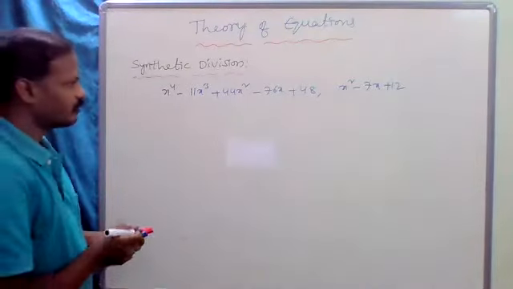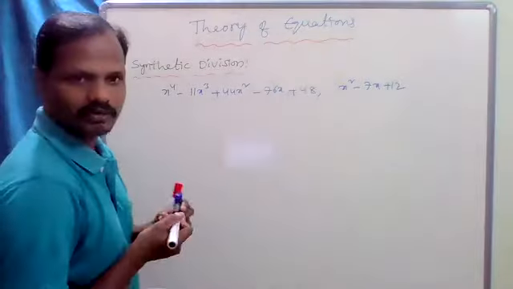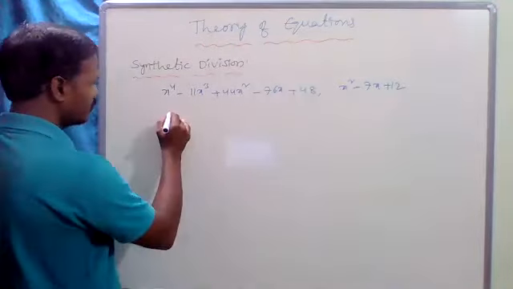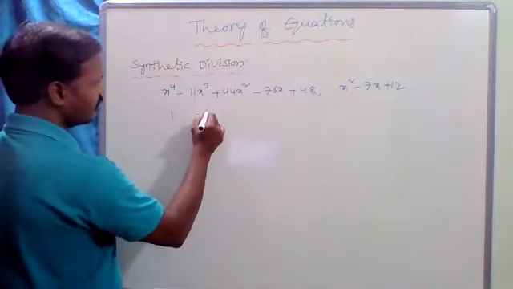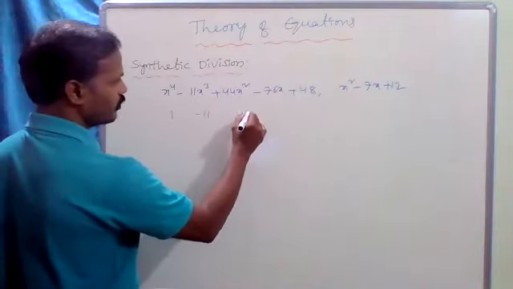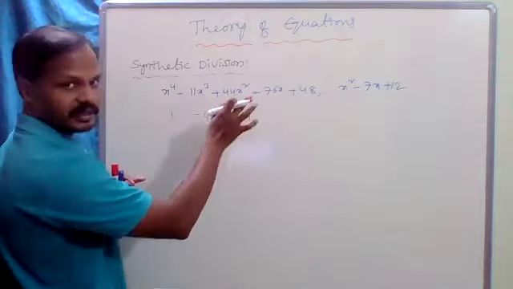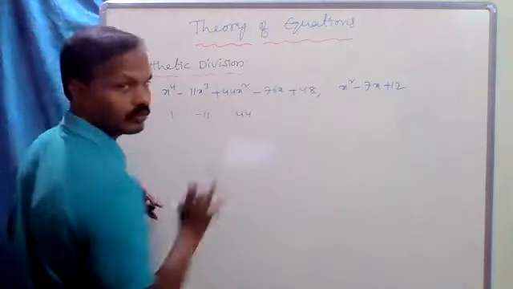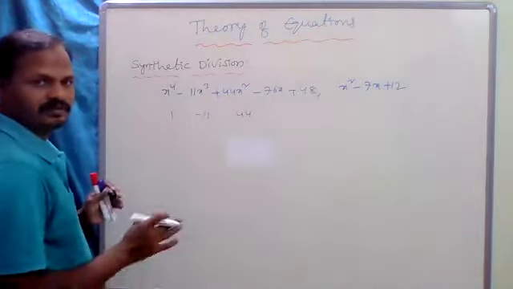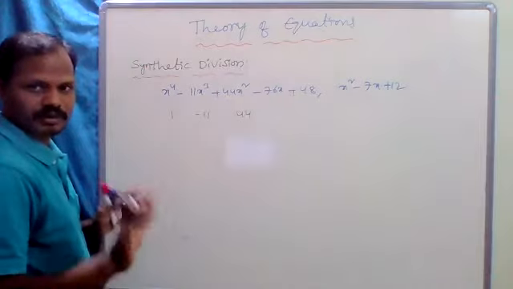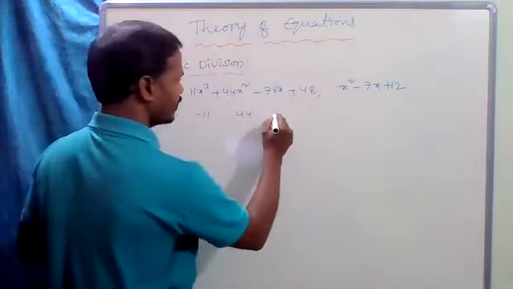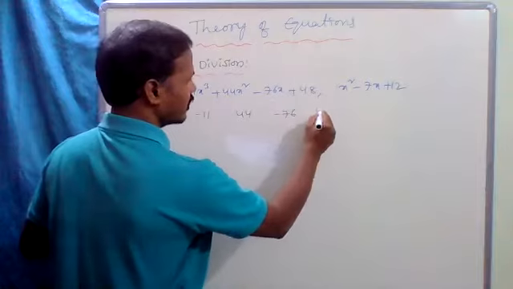So first of all, we have to write the coefficients. 1, minus 11, 44. See, all degree terms are there: 4, 3, 2, 1, 0. If any degree is missing, you have to write 0. Remember that point. Minus 76, 48.